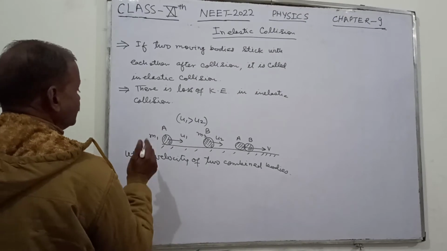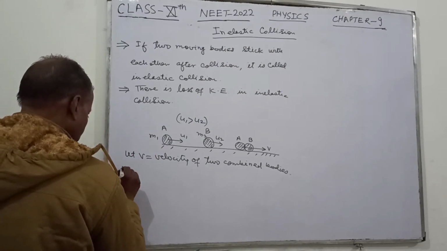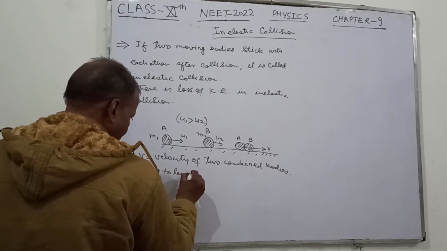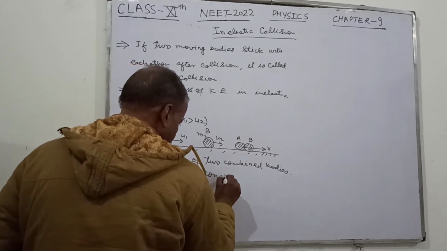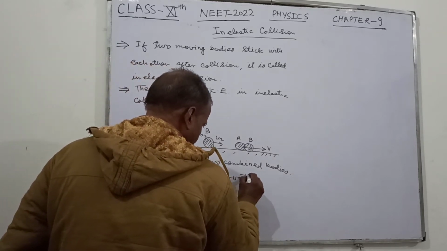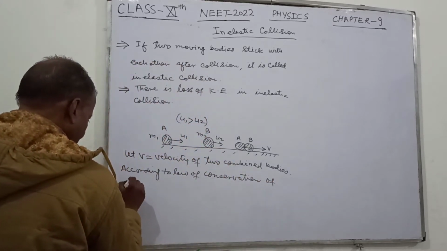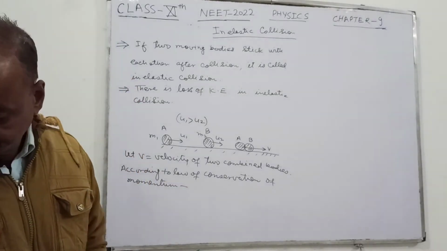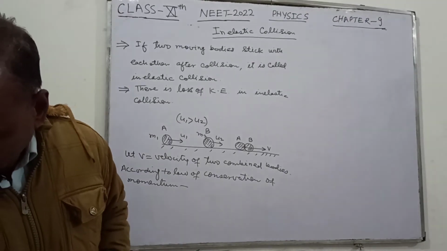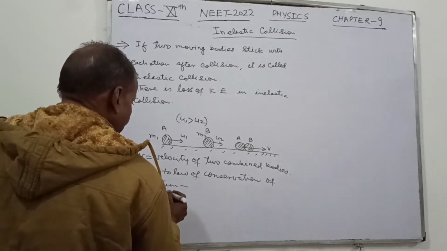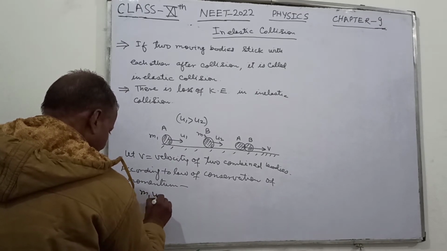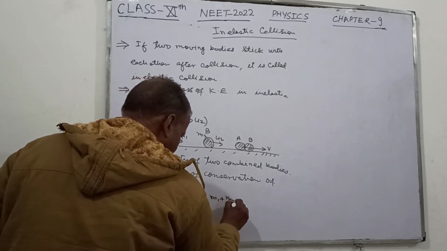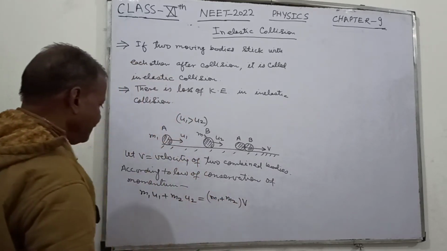So now according to the law of conservation of momentum, what do we have? m1 u1 plus m2 u2 equal to m1 plus m2 into V. This is our equation.